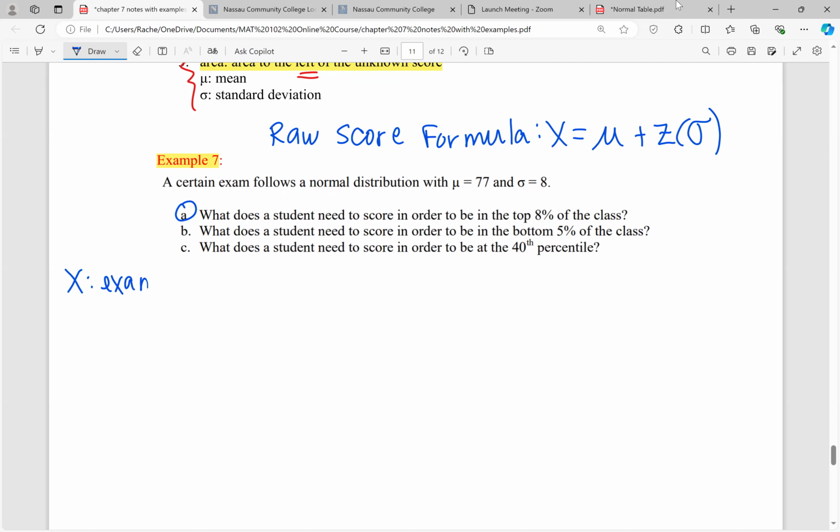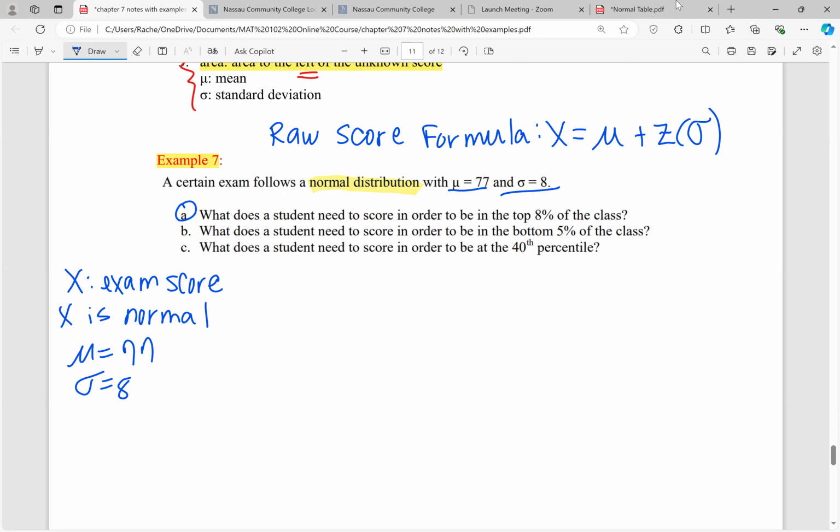So X represents exam score. We're being told that exam scores follow a normal distribution. So score is normal, or X is normal. And there's a mean of 77 and a standard deviation of 8. So that's pretty much what we know about exam scores. Now let's go to the question.